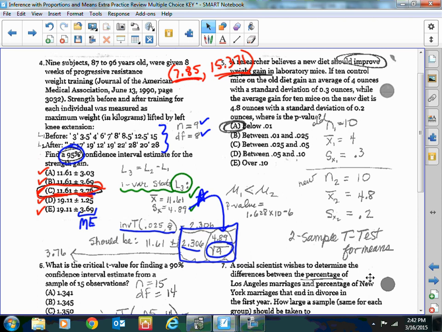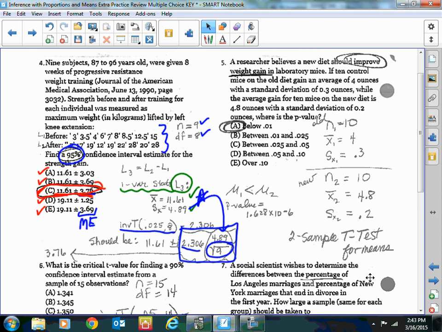Okay, number 5. I just read this problem, and I could tell that it was two separate groups of mice. That was one of the first things I had to do. One set of 10 was on the old diet. The other set of 10 was on the new diet.